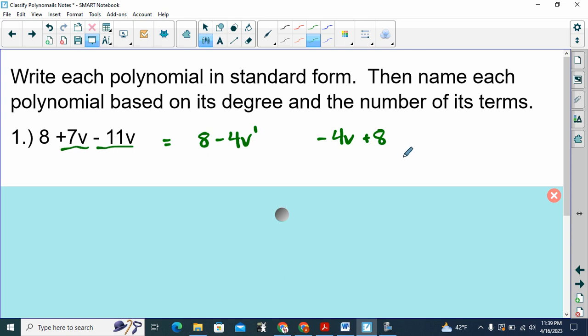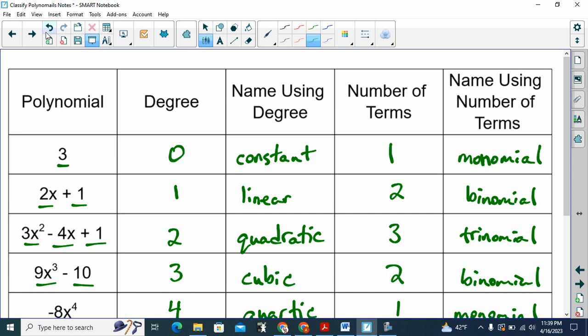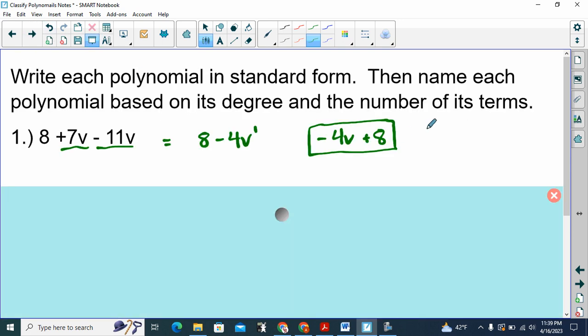Negative 4v plus 8 is that polynomial in standard form. It says name it based on its degree. Degree is the highest exponent, which is understood to be a 1. If degree is 1, we call it a linear function. And there are 2 terms, so we call it a binomial. It is a linear binomial.